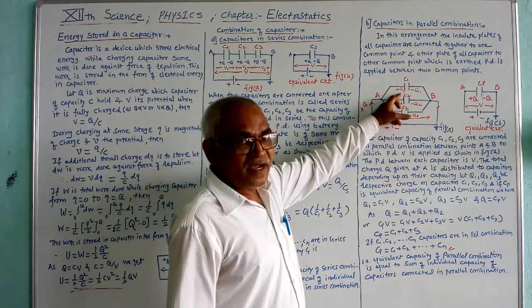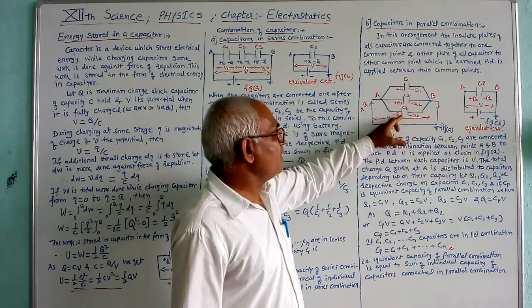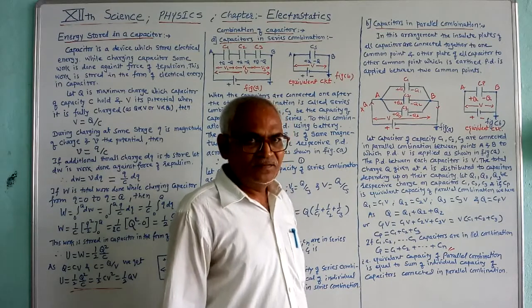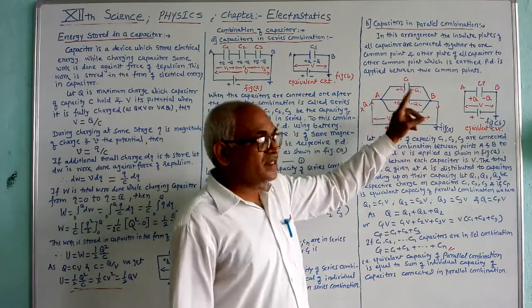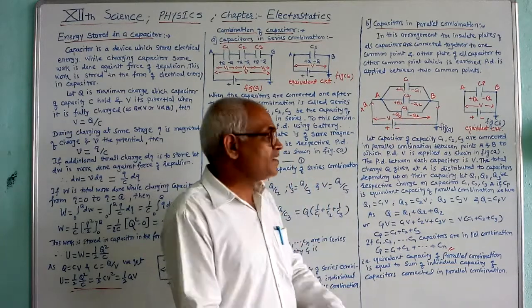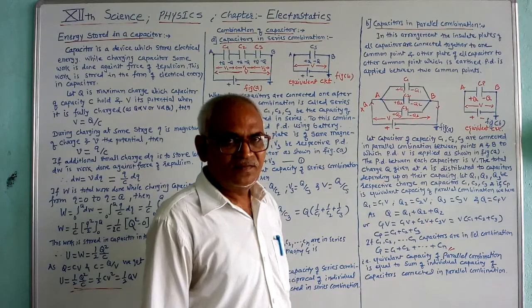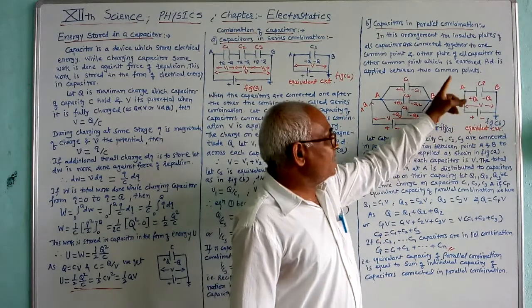Let Q1 be the magnitude of charge stored in C1, Q2 in C2 and Q3 in capacitor C3. The potential difference across each capacitor in this combination is exactly the same, that is V. Here the equivalent circuit diagram is shown.